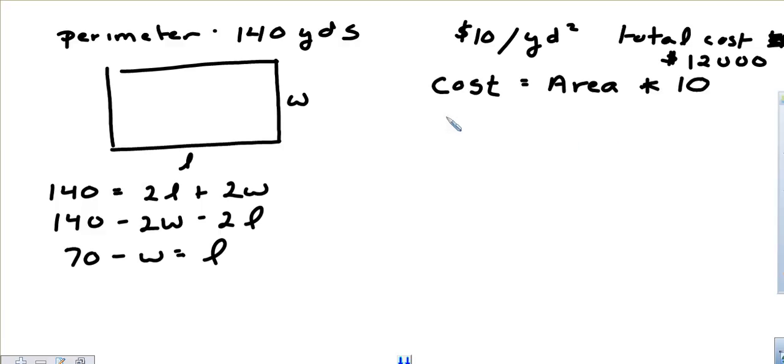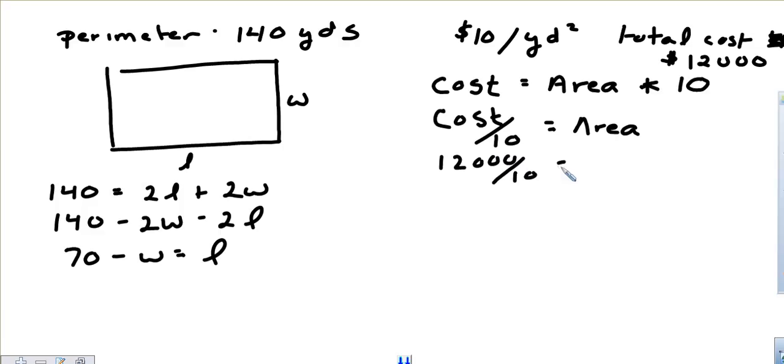So let's solve for area. Cost divided by 10 is equal to area. Well, I know cost. So 12,000 divided by 10 is equal to 1,200. So I now know the area of that rectangle. The area of my rectangle is 1,200 square yards.